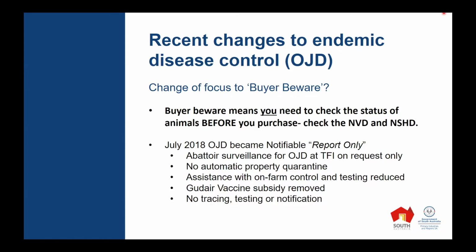There's no longer any tracing or testing of traces or notification to neighbours if disease is detected. So if we do pick up infected properties now, we don't look at their sales history or what they brought onto their property, and we no longer notify the neighbours that disease has been found. So it's gone to basically an industry managed disease.